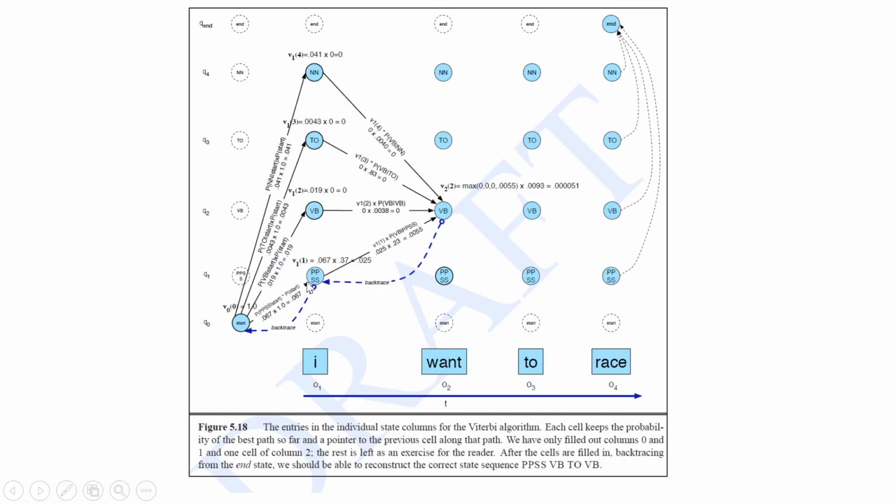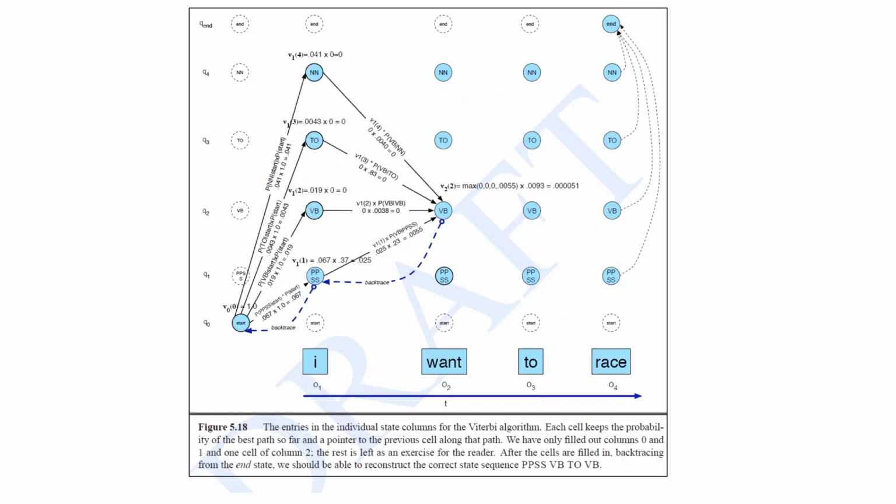Now, to find the best tag for a particular sequence of words, for every state we have what is known as a Viterbi value being calculated. A Viterbi value is calculated for each of these states at each of these time slots.